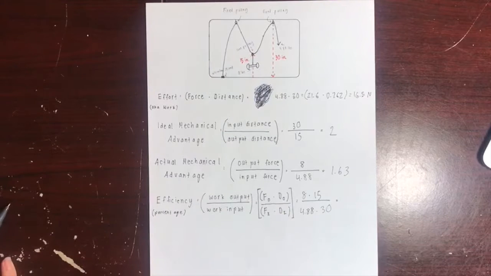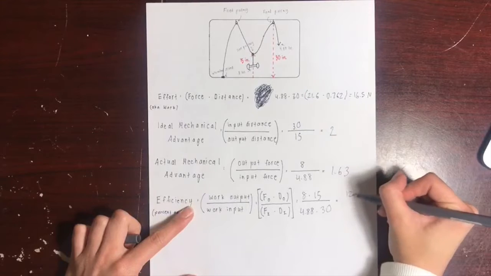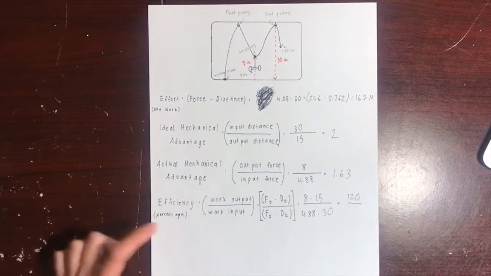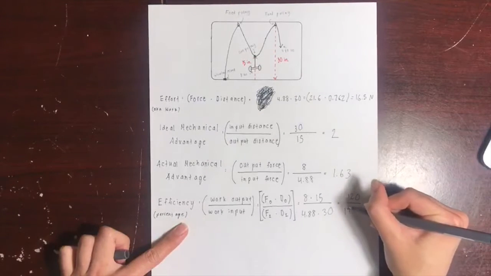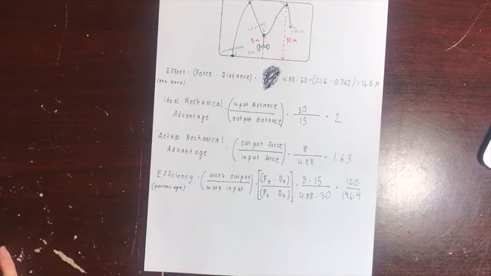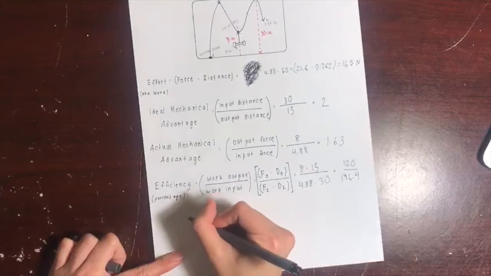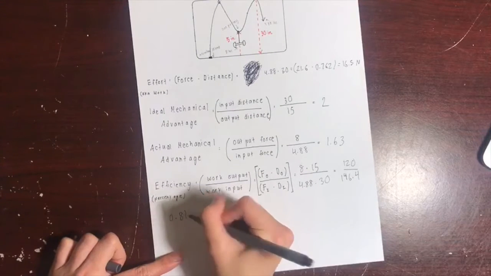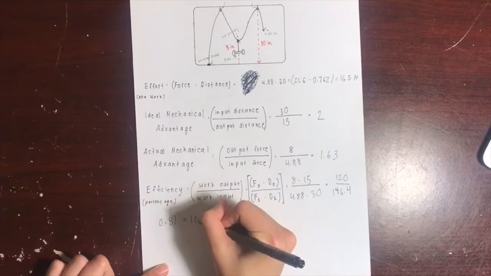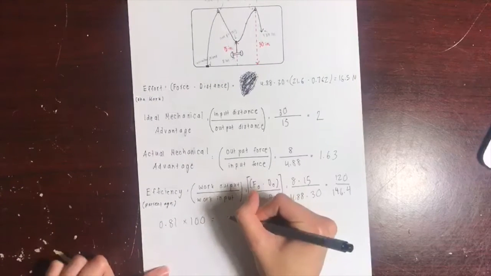So 8 times 15 is 120, over 4.88 times 30, which is 146.4, and the number that you would get from that is 0.81. Efficiency is measured as a percentage, so we're just going to multiply that by 100 to get 81%.